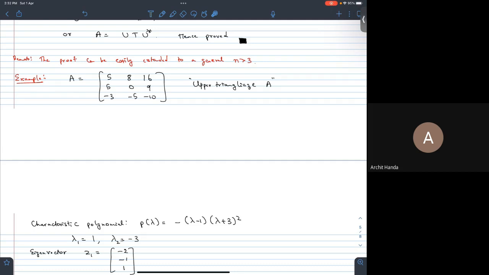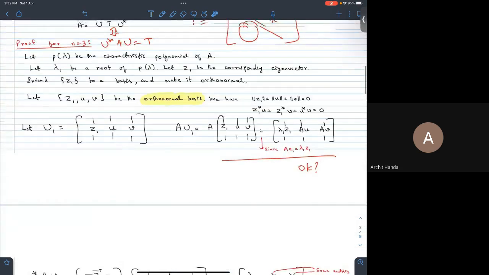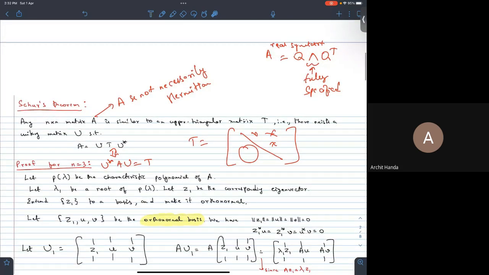The point is this is like a tool. If you follow the spectral theorem proof, once you have this, unitary diagonalization of a Hermitian matrix follows in 2 or 3 lines. So this can be seen as a building block for the final theorem, which is the spectral theorem.